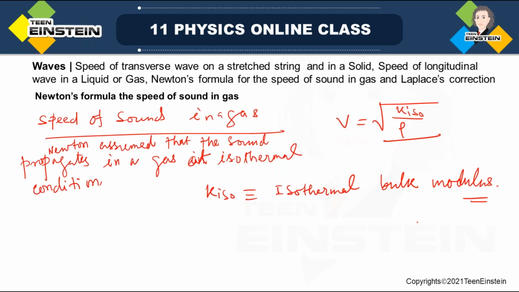So if you want to find the isothermal bulk modulus, then you have to consider the gas to be an ideal gas.